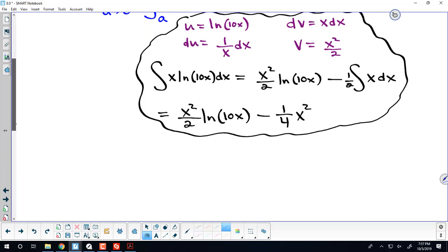Go ahead and plug this in for the limit as a approaches 0 from the right. Well, I guess I'll go ahead and write it here.